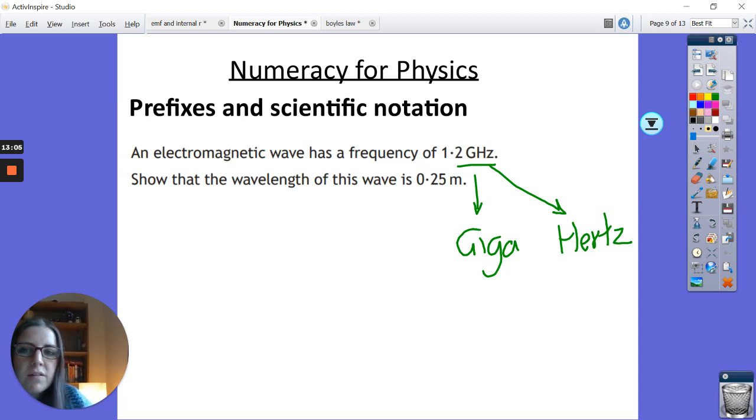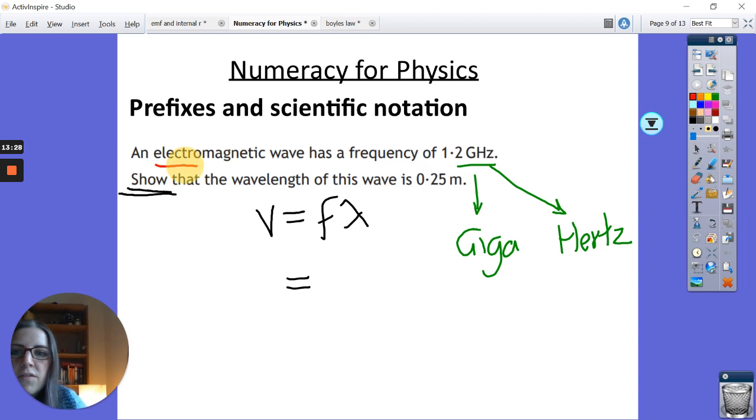The formula that helps us here, again don't worry if you've not come across it, is v equals f lambda. The question is a show that question, so we don't actually know the 0.25 meters to put in, but we do know the other two. v isn't mentioned anywhere, but something you will learn if you've not already learned is that all electromagnetic waves travel at the speed of light.